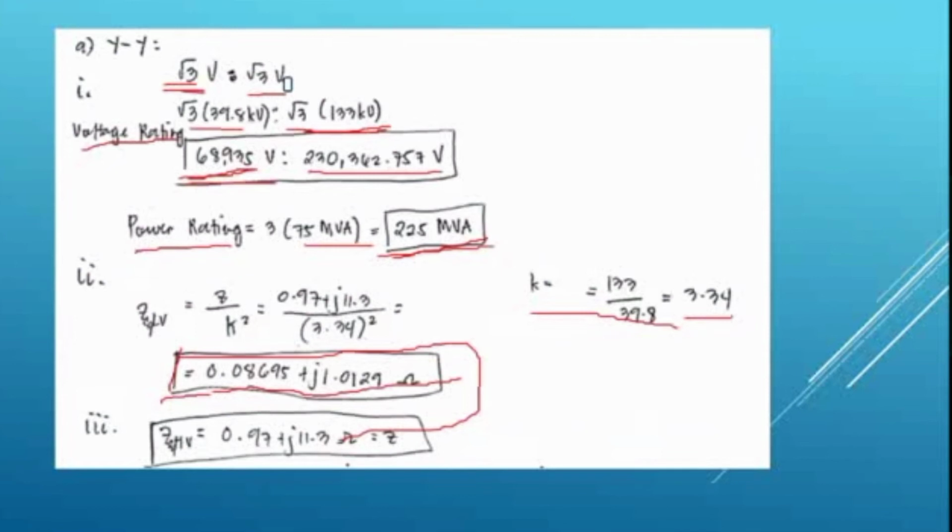Therefore our equivalent impedance referred to the high voltage side is 0.97 plus j11.3 ohms, as given in the question. This impedance is referred to the 133 winding.